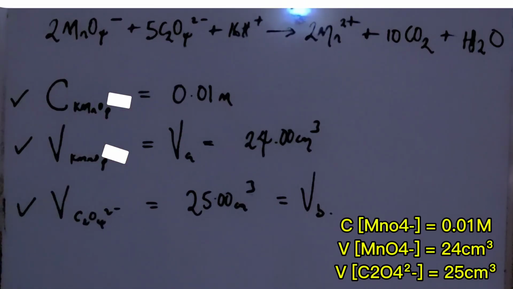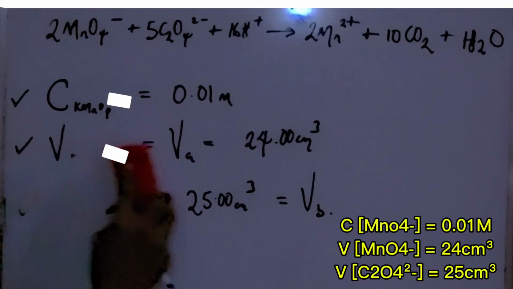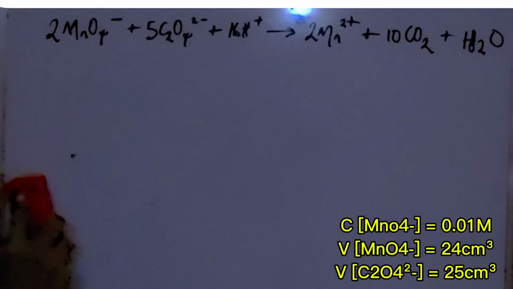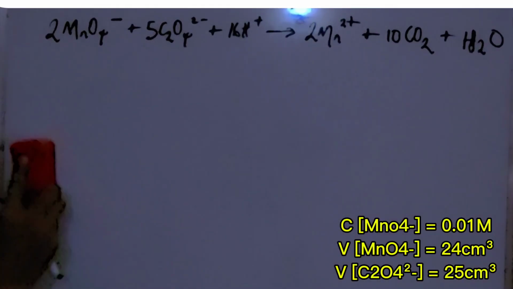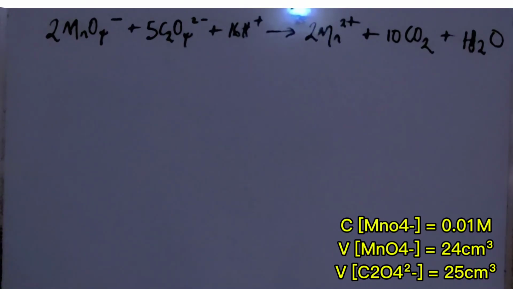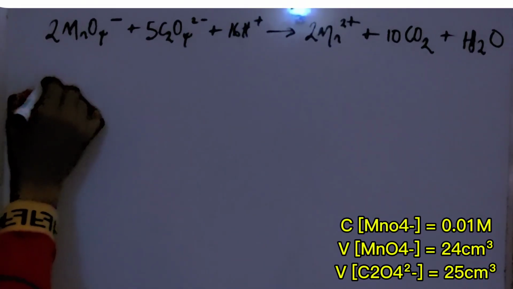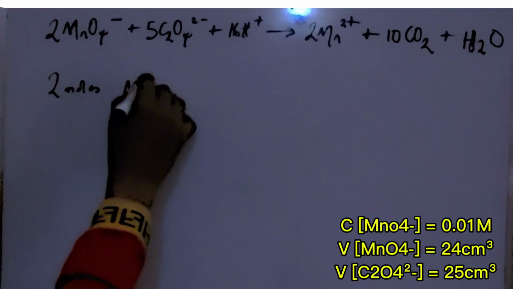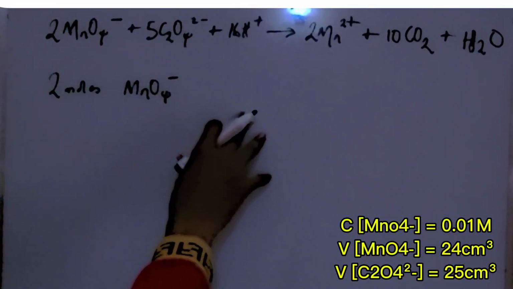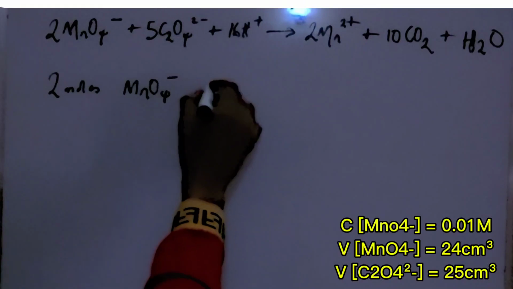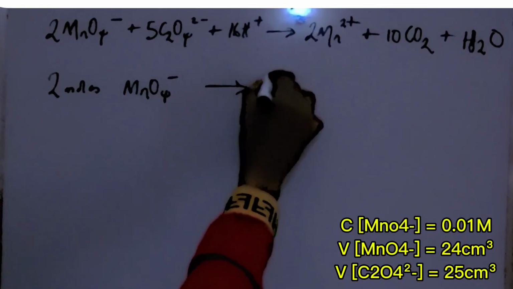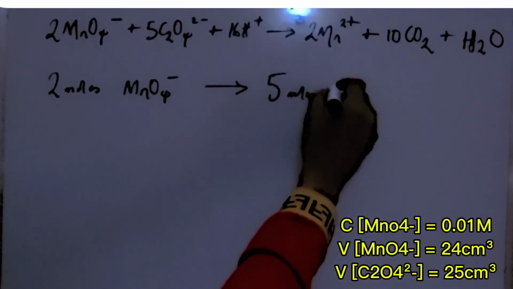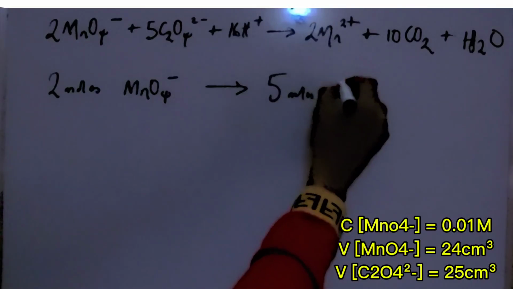Now I'm going to wipe this off. You can see that on the screen to continue from where I start. Looking at this reaction, 2 moles of permanganate, which we introduced into the burette, required 5 moles of the oxalate.